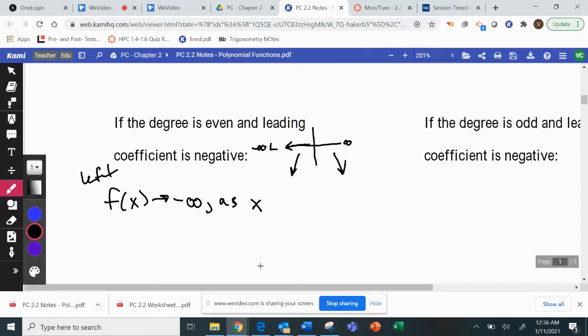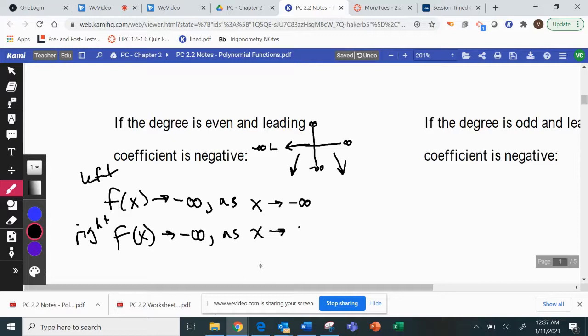I guess I could write this here. So x's are going to negative infinity. And then f of x approaches, so on the right side, f of x is also going down to negative infinity as x is going to positive infinity.